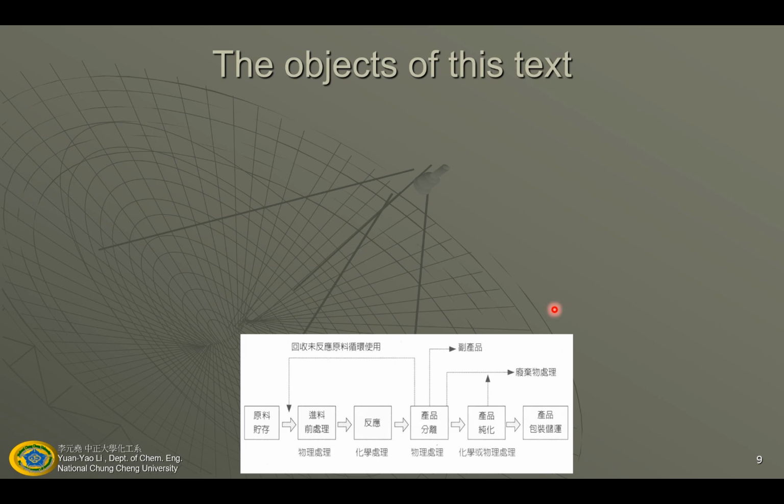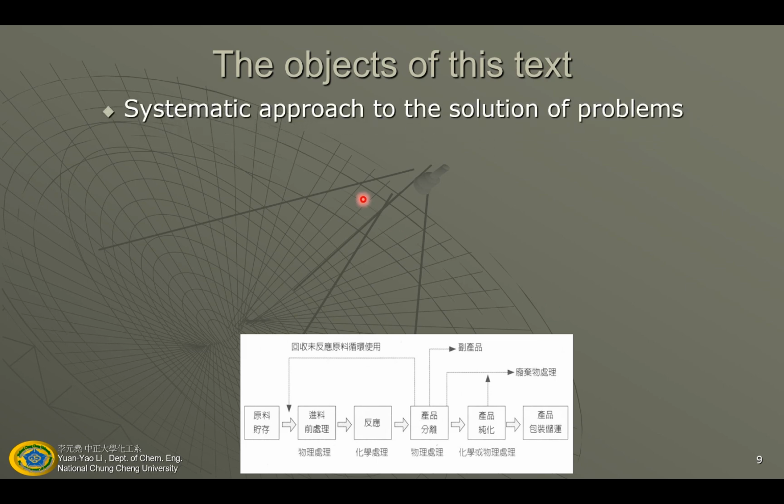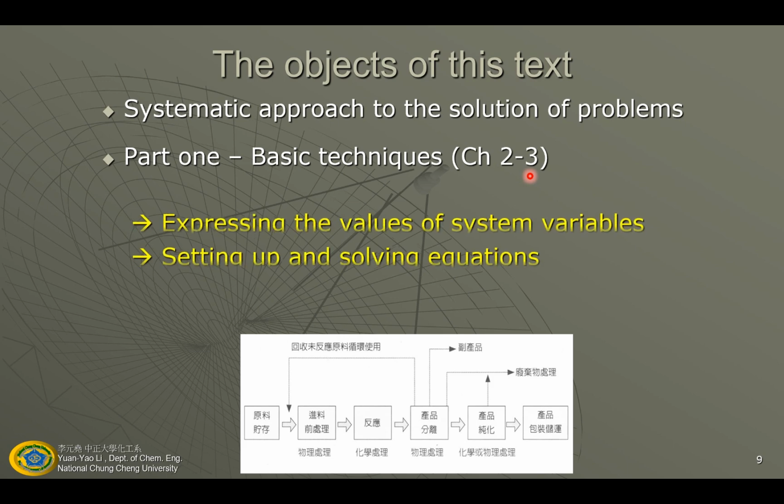The objective of this text is that we want to systematically approach the solutions of problems. During these processes, we might have problems, or we need to design, or need to have some solutions. Part 1 is the basic techniques, which is involved in chapter 2 and chapter 3.